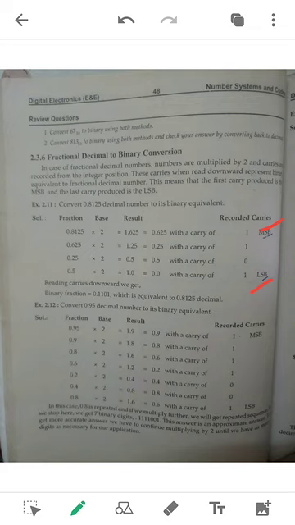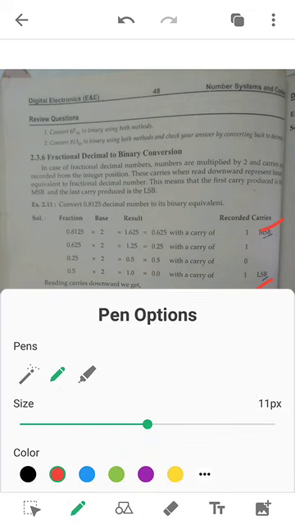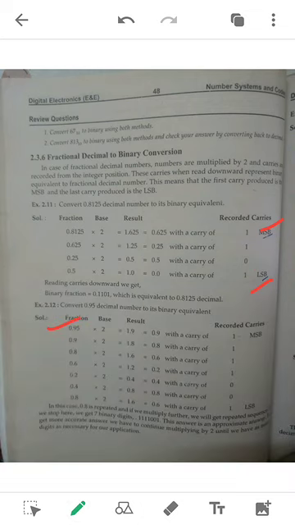So here you can see the first multiplication gives 1.9. The integer you take as a carry, so the integer is 1, and it is nothing but the MSB. The left out is 0.9, that is the fraction.